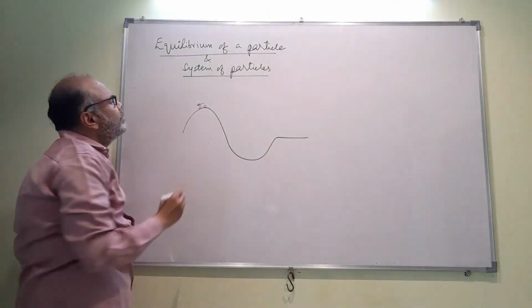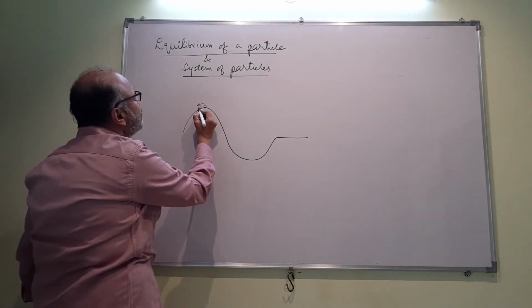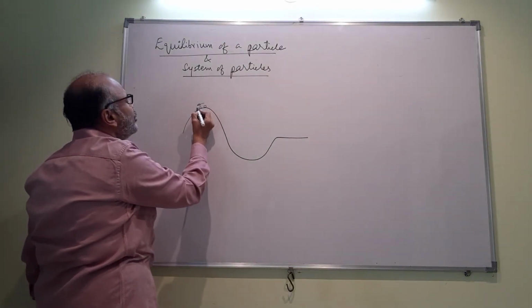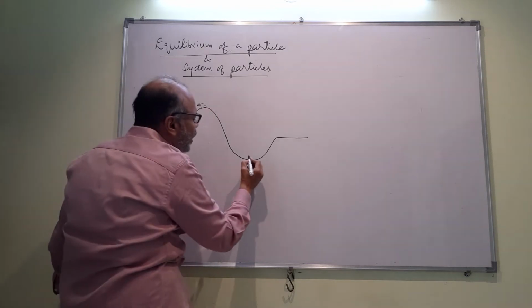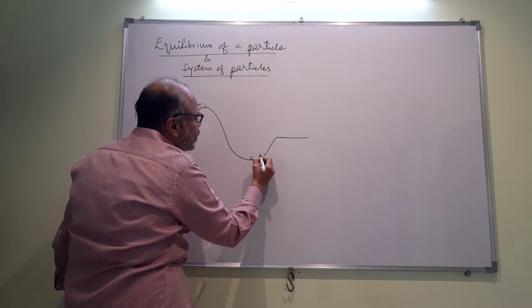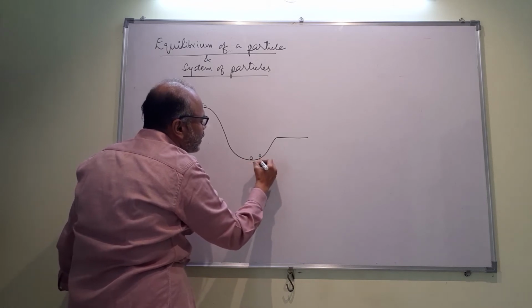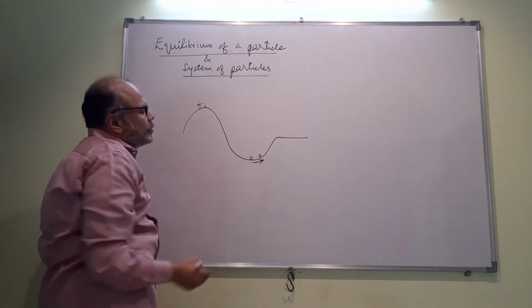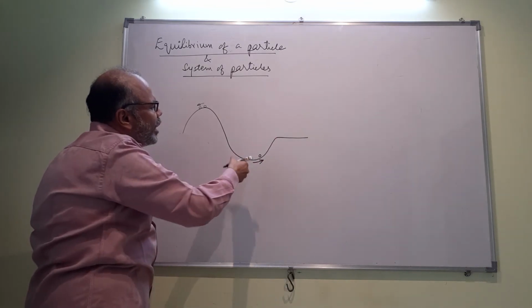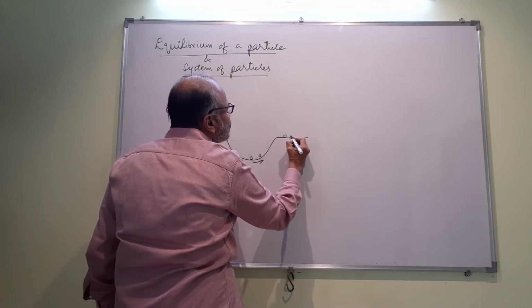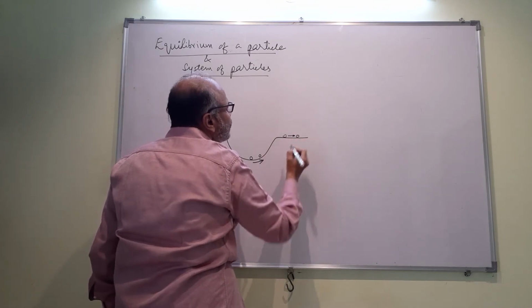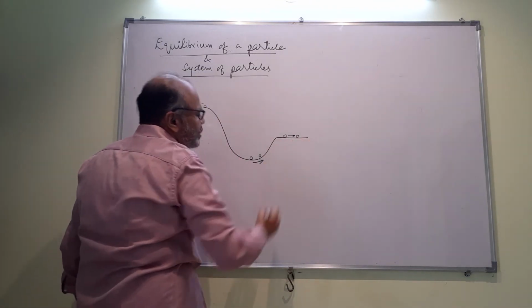If I did that, it will not regain its original position, it will fall off and not get back to its original position. Whereas if I had a particle here, if I displaced it slightly like that, it would get back. It would have a tendency to go back to the original position. Here, if I displace it by a certain amount, it will stay where it is.